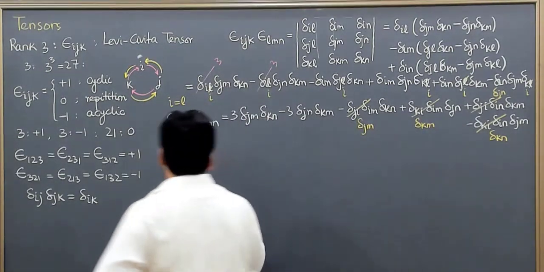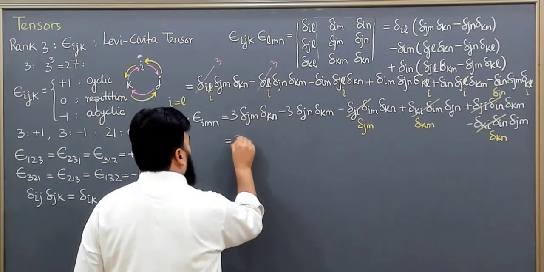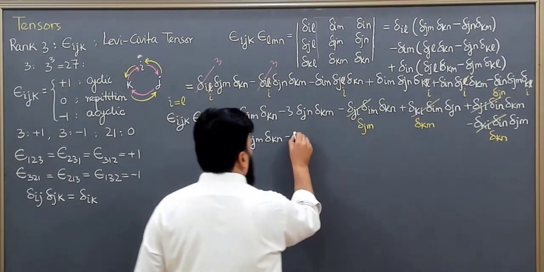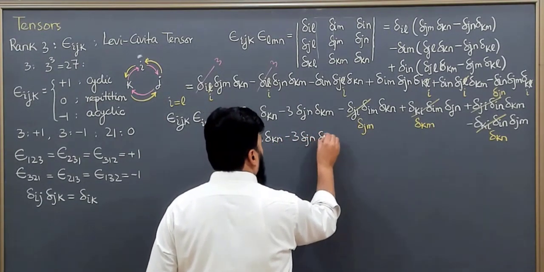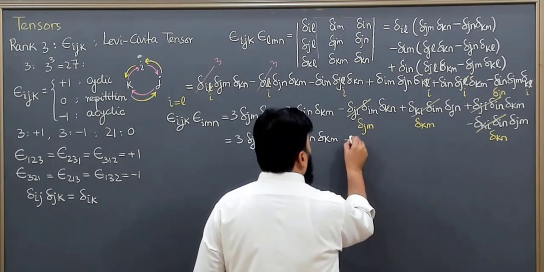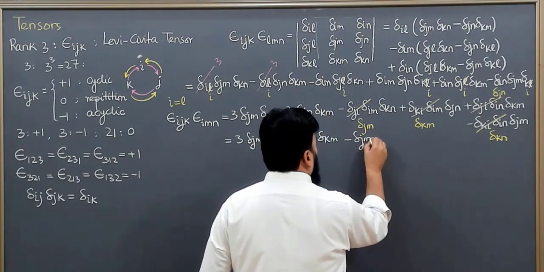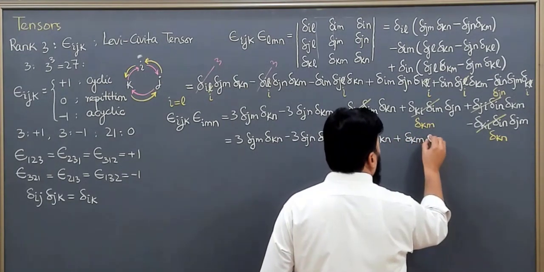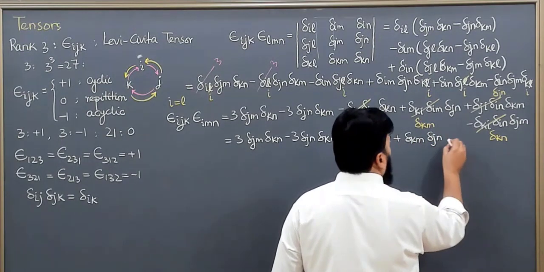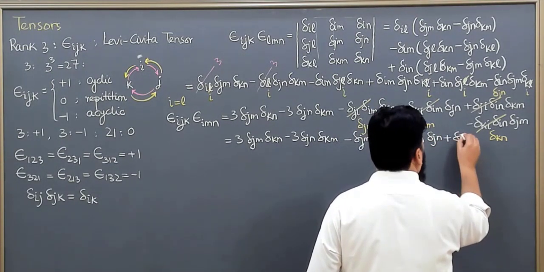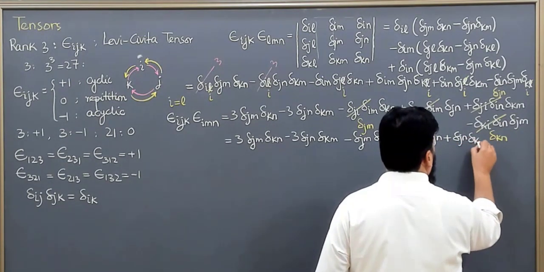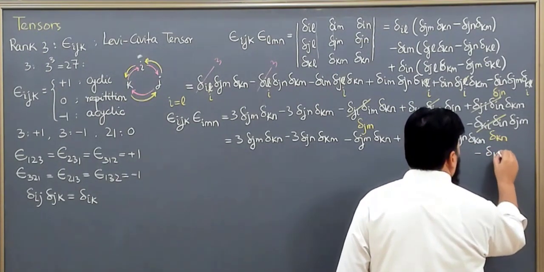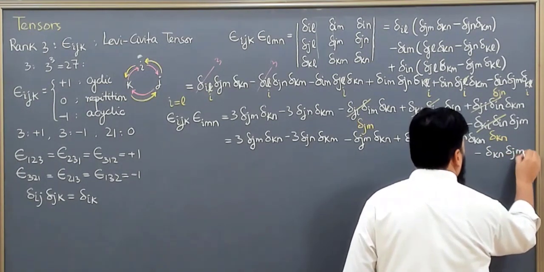So I will have this thing equal to 3 delta Jm delta Kn minus 3 delta Jn delta Km and minus delta Jm delta Kn plus delta Km delta Jn plus delta Jn delta Km minus delta Kn delta Jm.